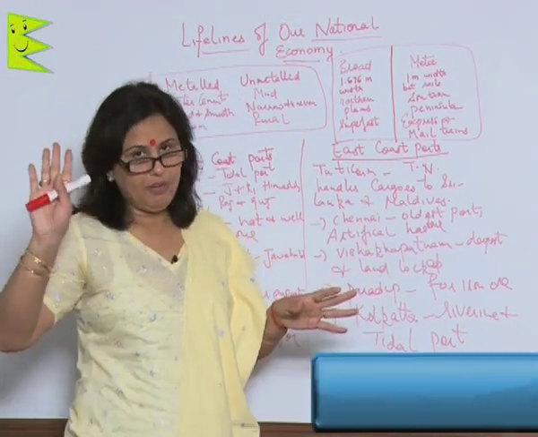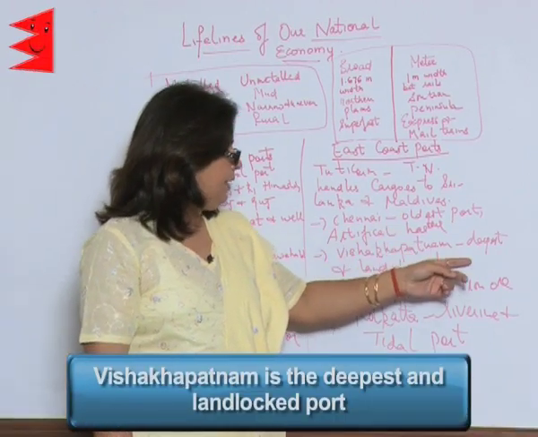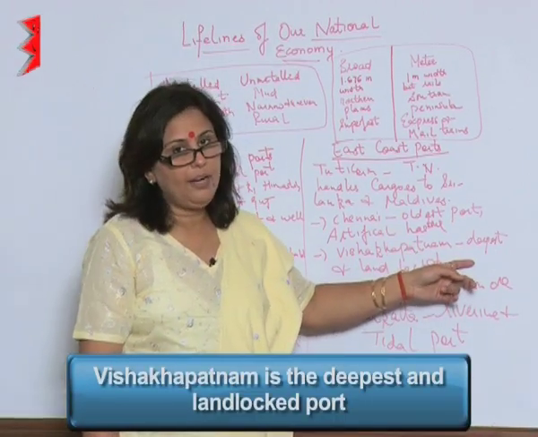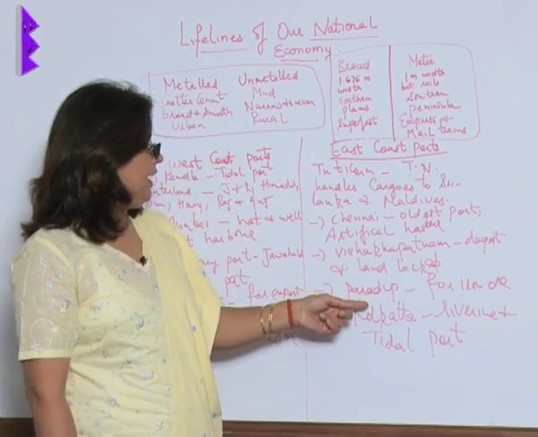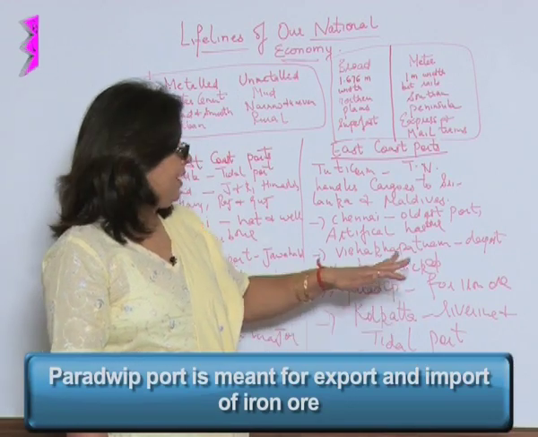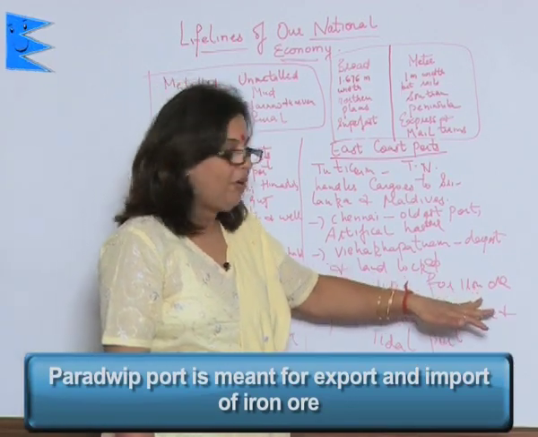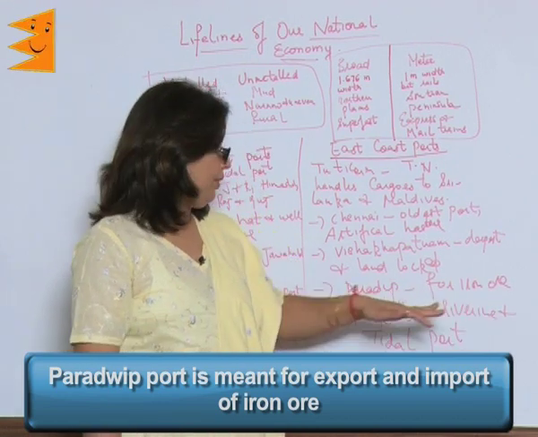I have told you the meaning of harbour also. Visakhapatnam is the deepest and a landlocked port. Next, Paradwip port is the one which is meant for iron ore export and import.